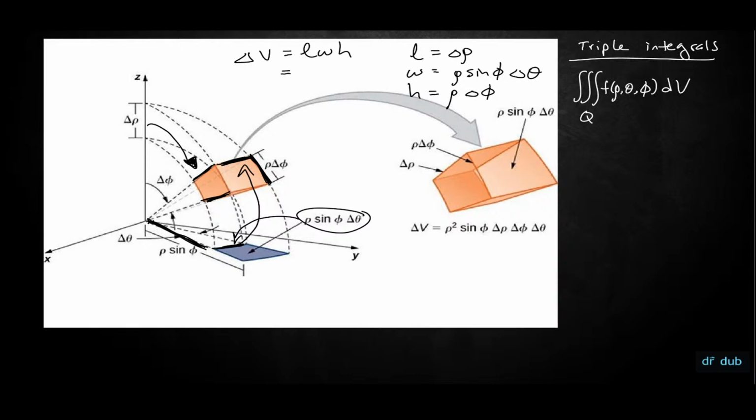So this is going to be rho squared sine phi delta rho delta phi delta theta. So that is our delta volume element, our dv element for spherical coordinates.